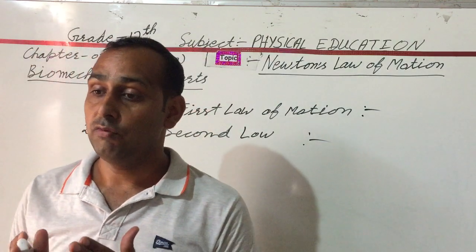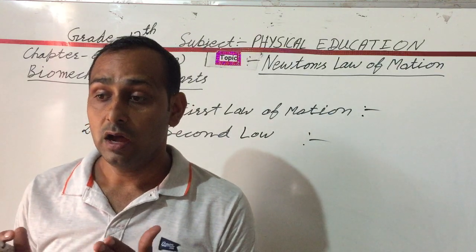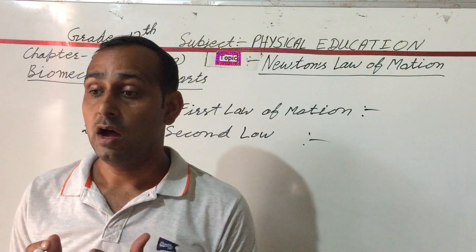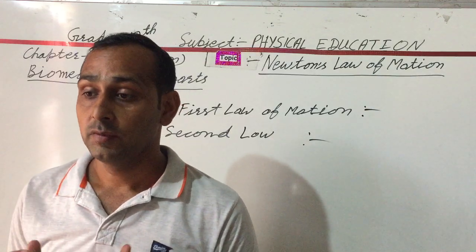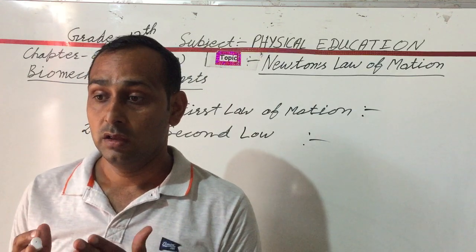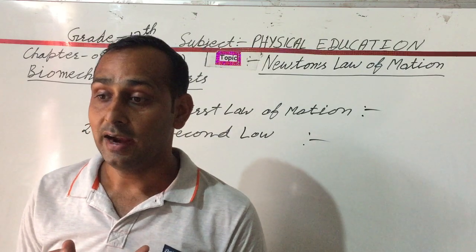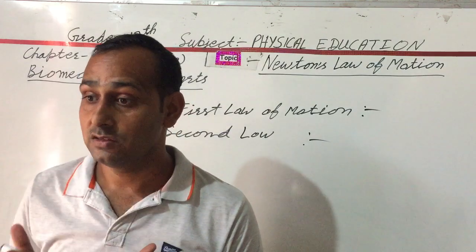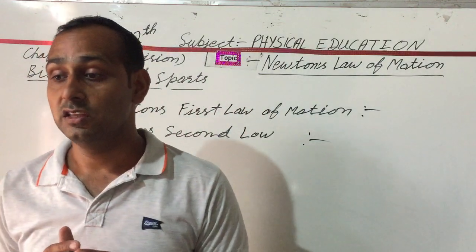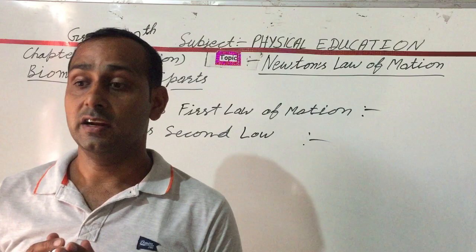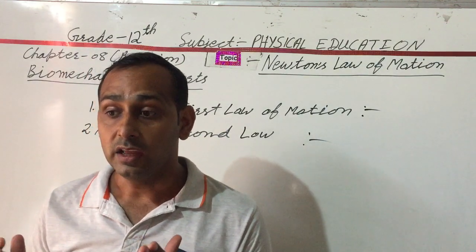The acceleration of an object depends directly upon the net force acting upon the object and inversely upon the mass of the object. As the force acting upon an object is increased, the acceleration of the object is increased. As the mass of an object is increased, the acceleration of the object is decreased.